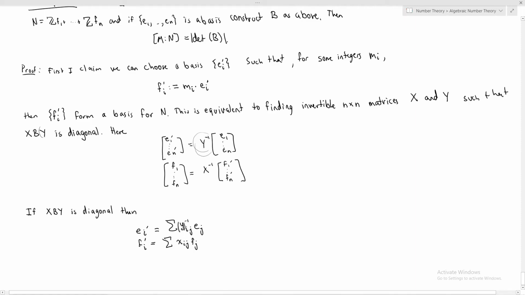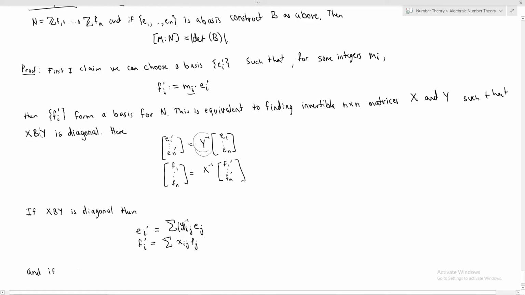And then you can check that these bases actually satisfy the conditions, such that m_i times e_i prime equals f_i prime.